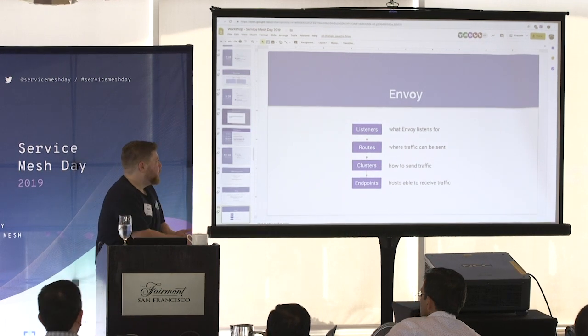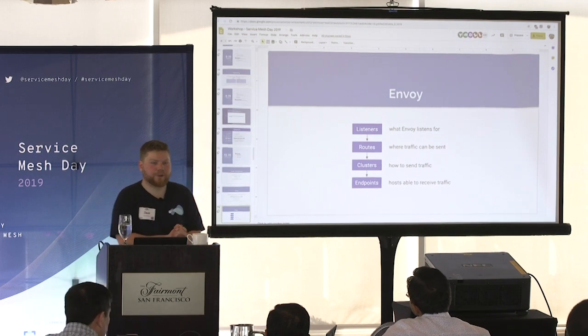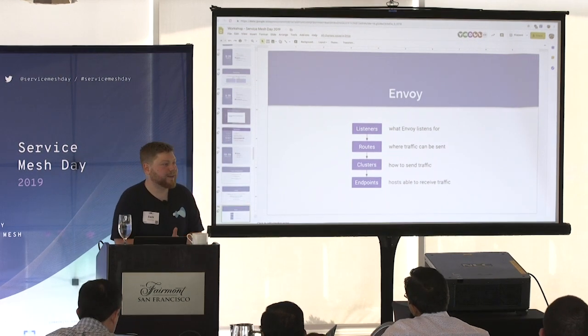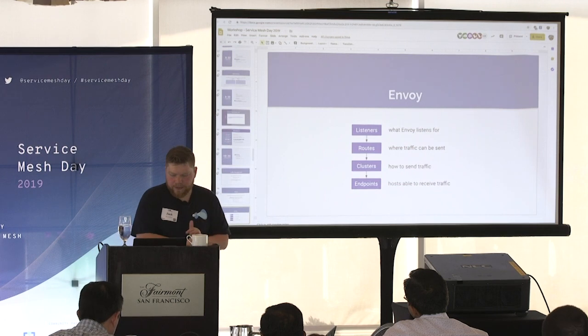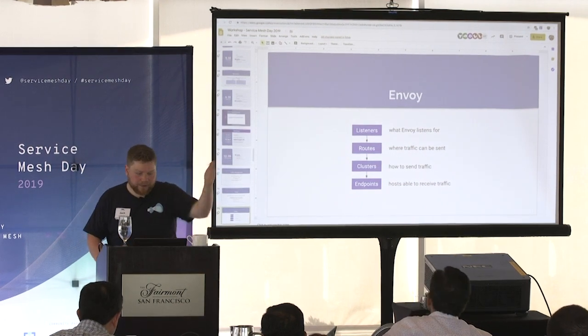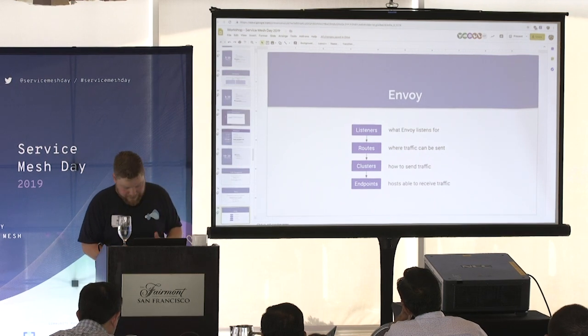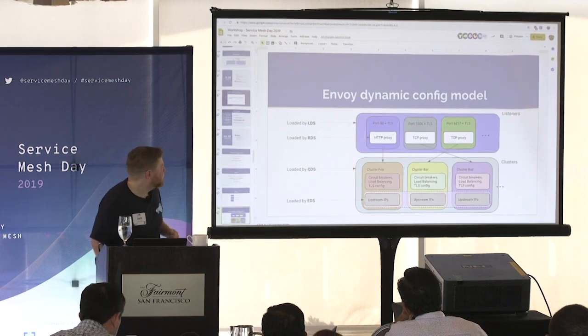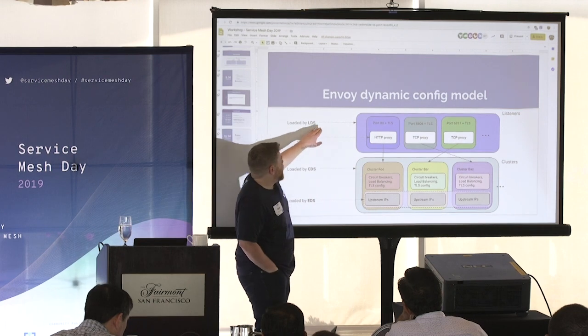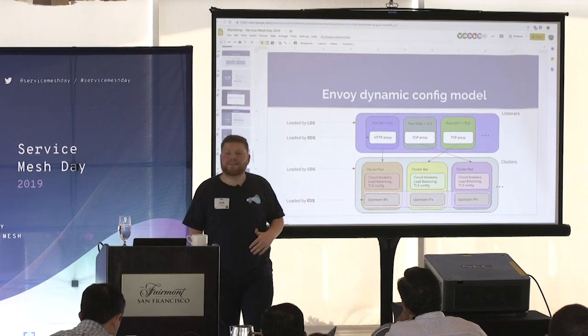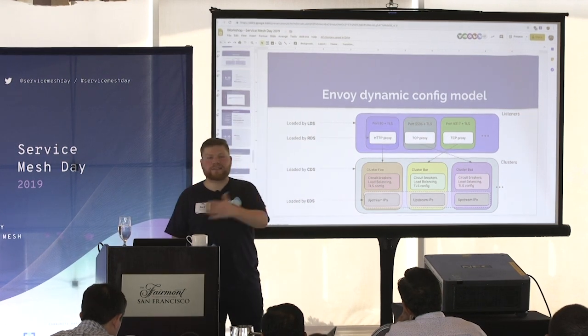Alrighty, so real quick, Envoy's core configuration that we deal with at runtime has 4 primitives. It has listeners. Listeners have routes. Routes send traffic to clusters, which have endpoints. And so here's a picture. So we talk about those APIs that Envoy has, they are called the discovery service APIs.